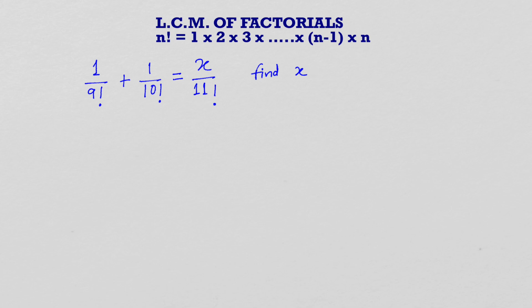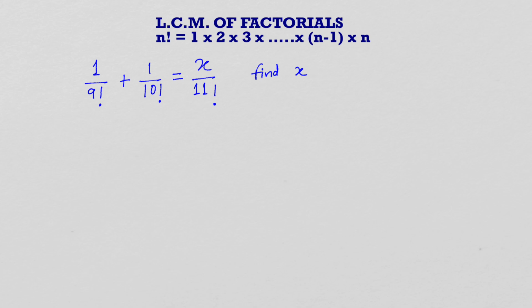In this question, as you see, it is a fraction addition, so in this kind of situation, we have to find the LCM of the denominators. That's why this LCM of factorials will help, because we have factorials in the denominator.